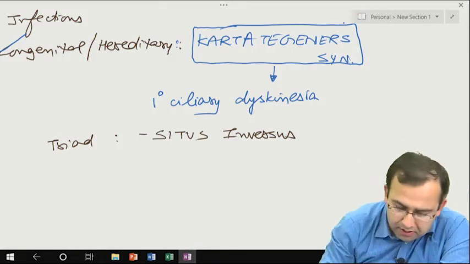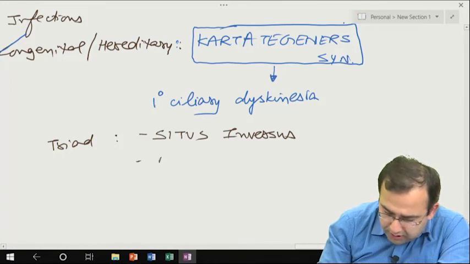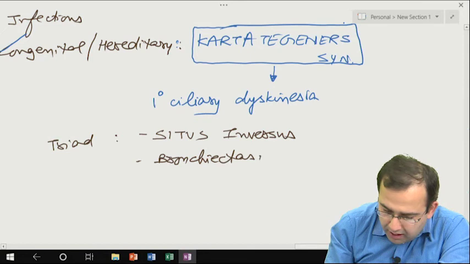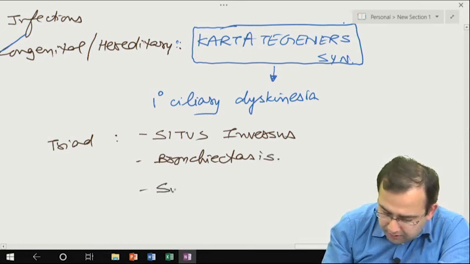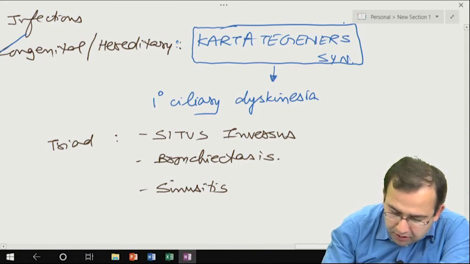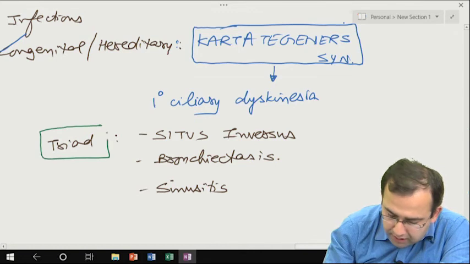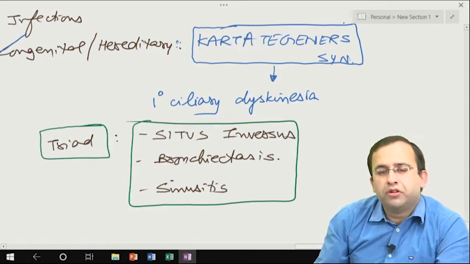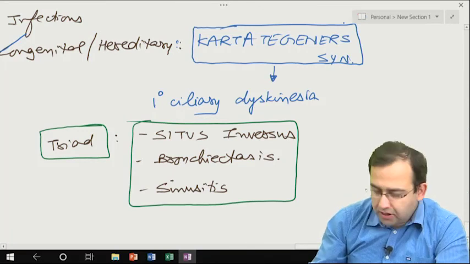Situs inversus, bronchiectasis, and sinusitis. And sinusitis because the ciliary movement is not proper. So Kartagener's syndrome is a triad of situs inversus, bronchiectasis, and sinusitis.